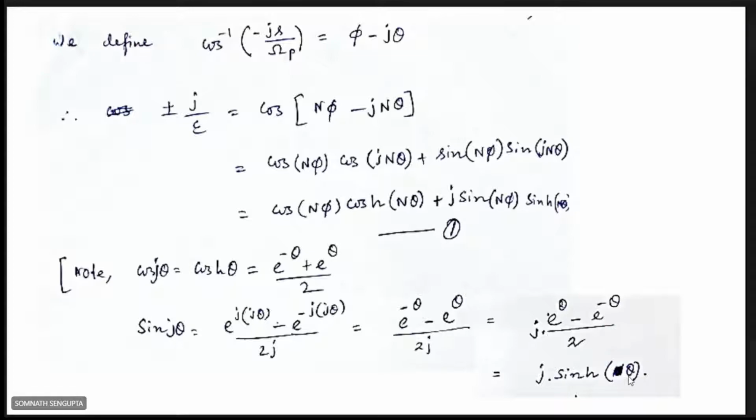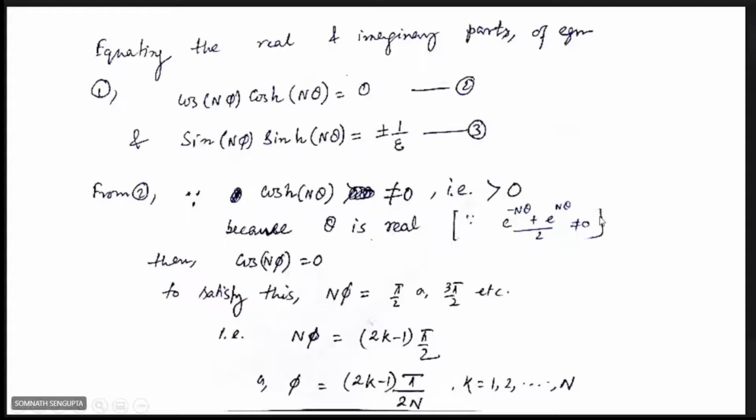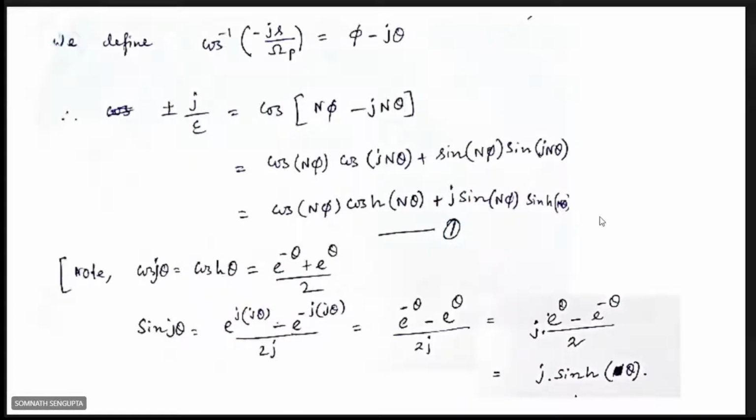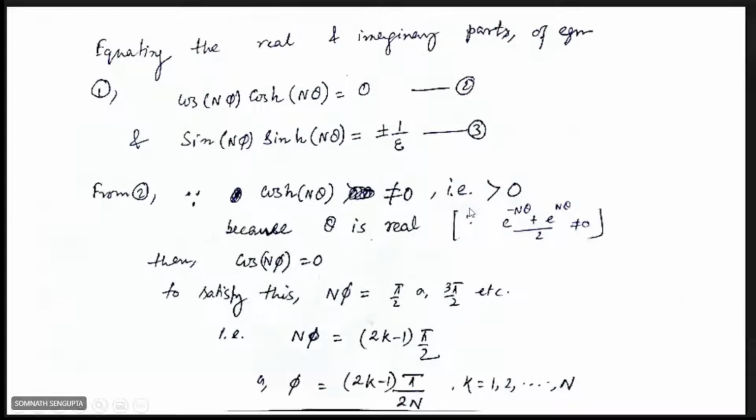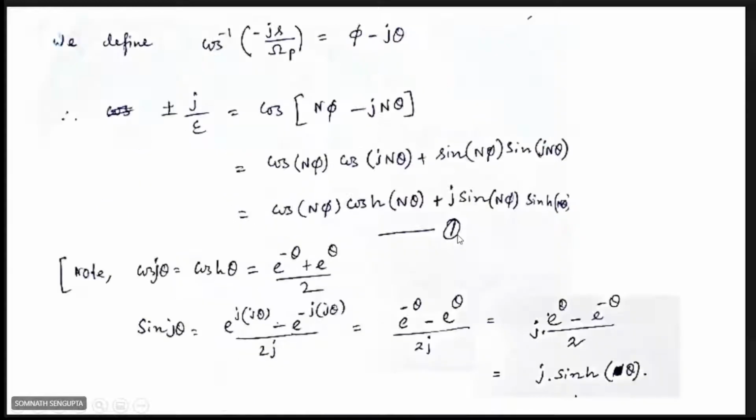So we are just putting the values over there. Now we'll see equation 1. We relate both the left hand side and right hand side with real and imaginary parts. So cos nφ cosh nθ is the real part, that is 0.